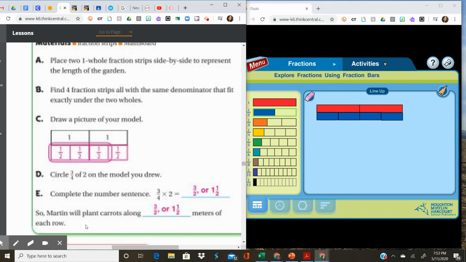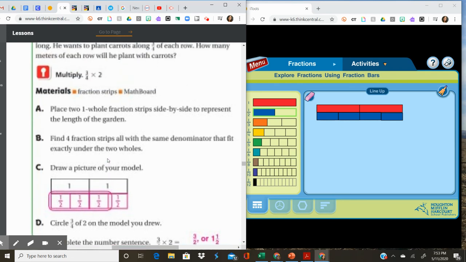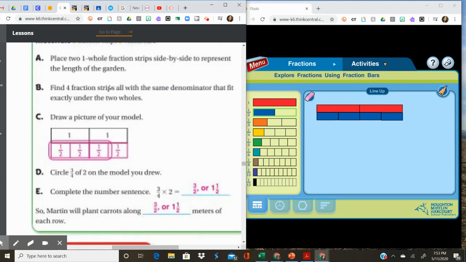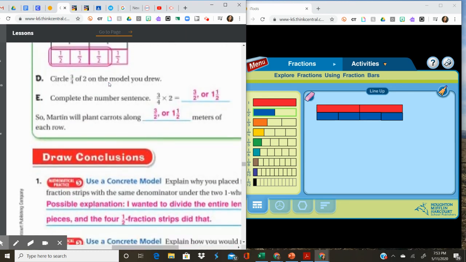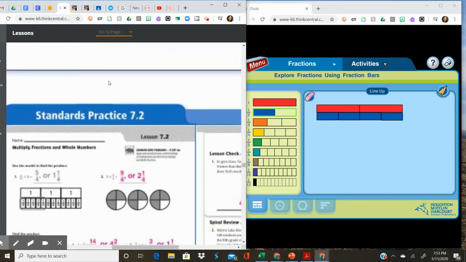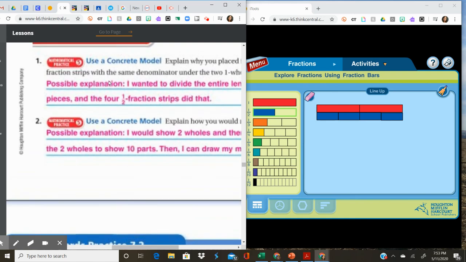Ladies and gentlemen, what you're doing today is exploring and building models depending on the numbers shown, depending on the fraction problem that you are multiplying by. So that's what we're doing today. I kind of wanted to show you some problems. That's not the right one.